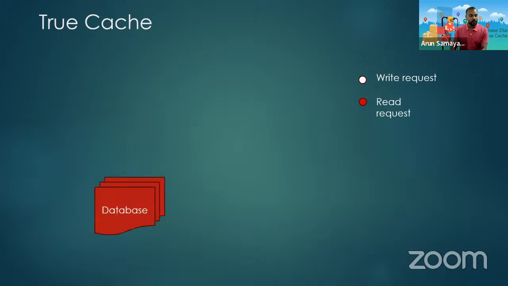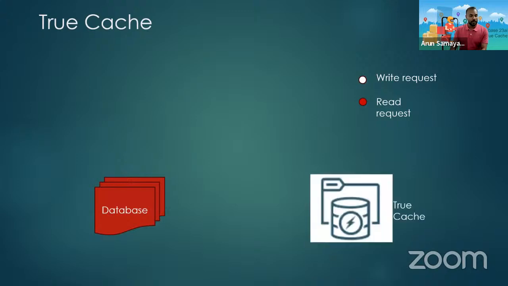Okay, so imagine we have a database, right? And we have our TrueCache set up. So whenever the TrueCache is started, the database would dump all of the data that's in the buffer cache into the TrueCache instance, right?